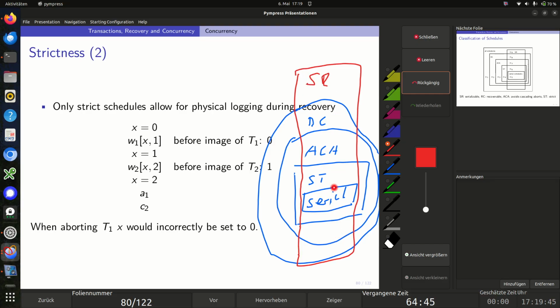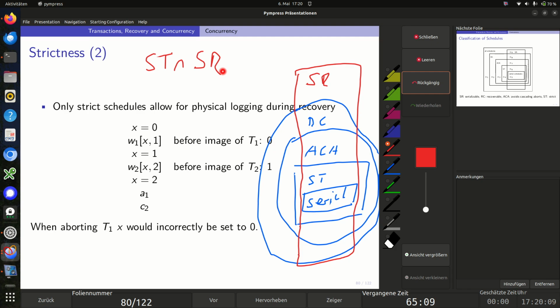Now what we want to have at the end is the intersection of the strict and the serializable schedules. That's our goal. Because of the physical logging, of course everything should be recoverable.